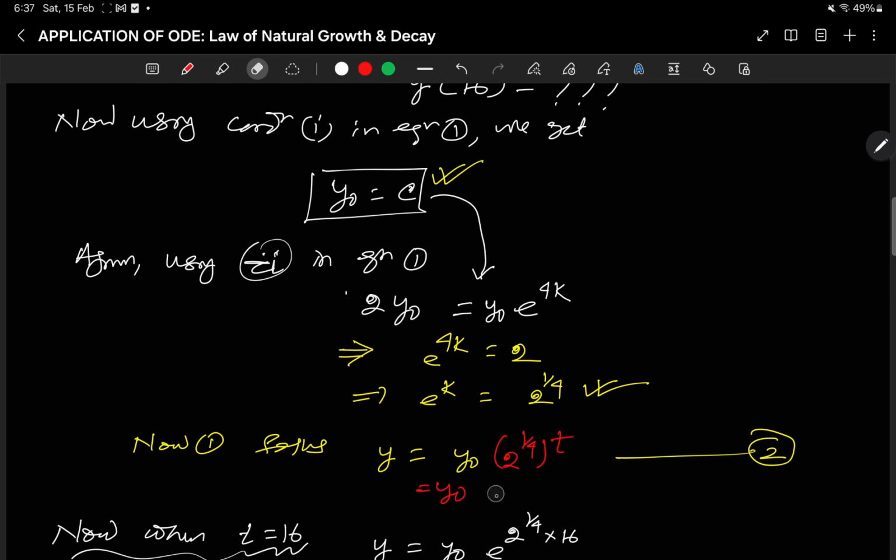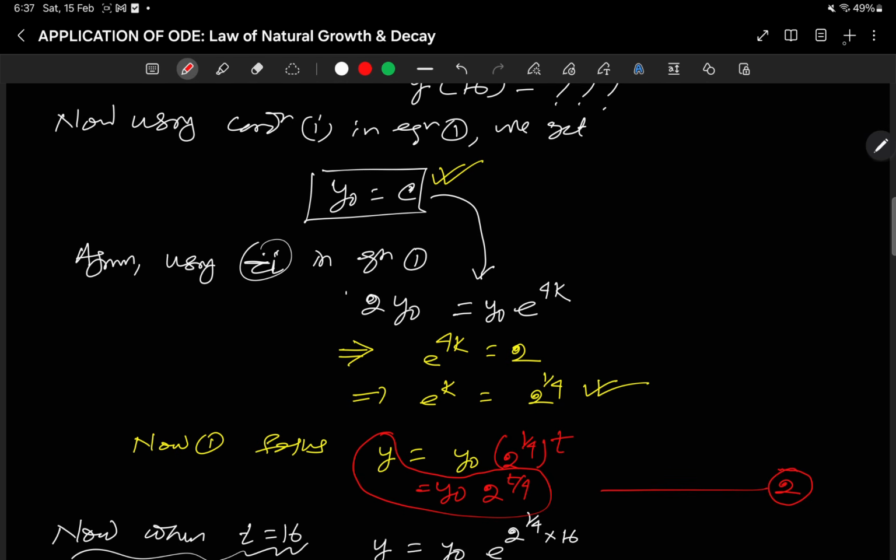That means here it is y0 2 to the power t by 4. So this is my equation number 1, and this is my equation number 2, because we have obtained the value of e to the power k. This is your equation number 2.